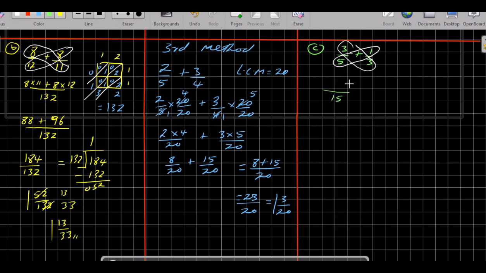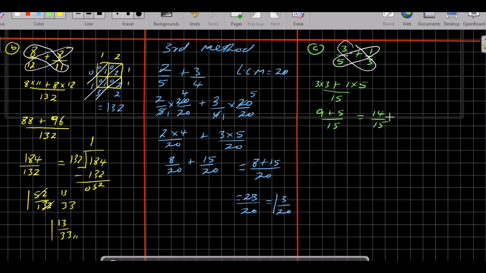That's 3 times 3 plus 1 times 5. So 3 times 3, that will be 9 plus 5 over 15. 9 plus 5, that will give me 14 over 15. So for this question, we cannot change to a mixed fraction because these are proper fractions, and we cannot reduce the number without a remainder. So this will be our final answer.